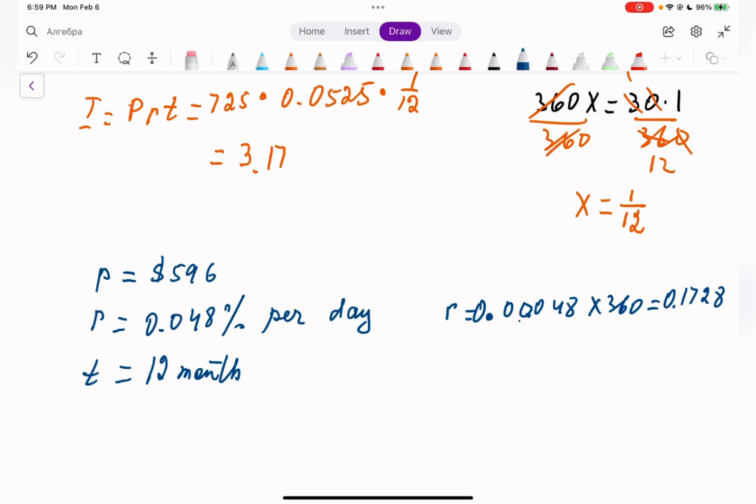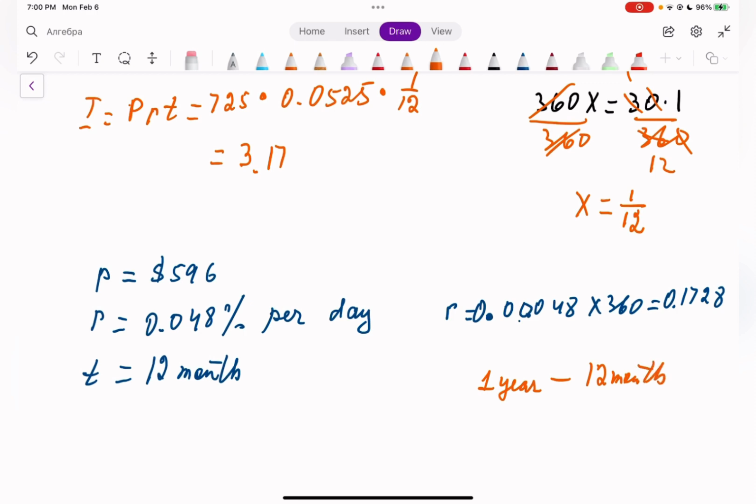Okay, next, what do we have? We are given 12 months, right? Since we know, to convert 12 months to a year, what are we going to do? In 1 year, let's write down, doing a proportion again. 1 year is 12 months.